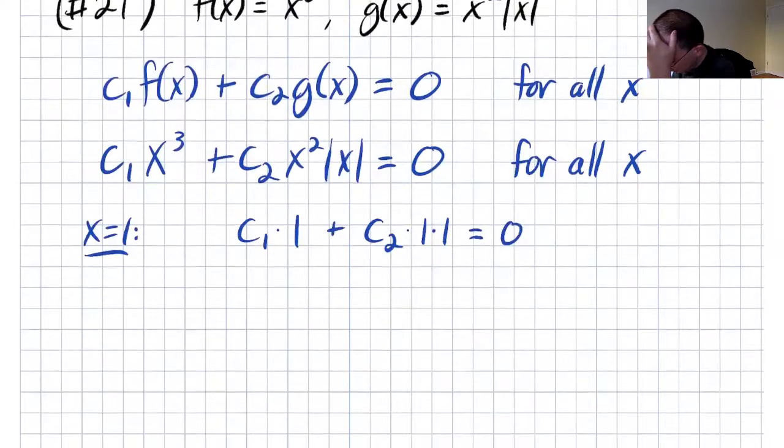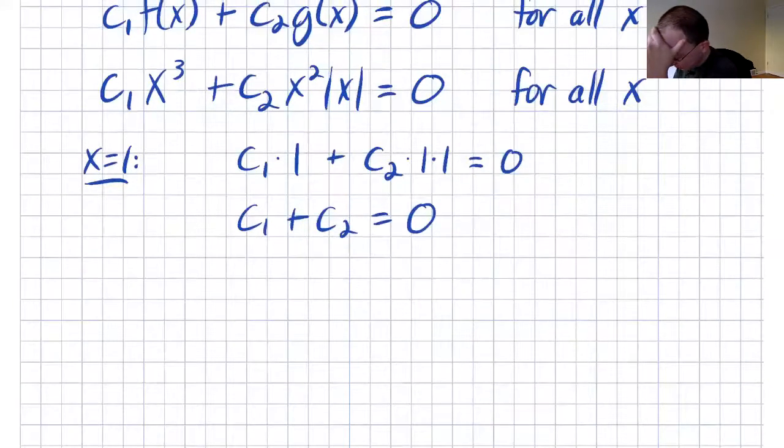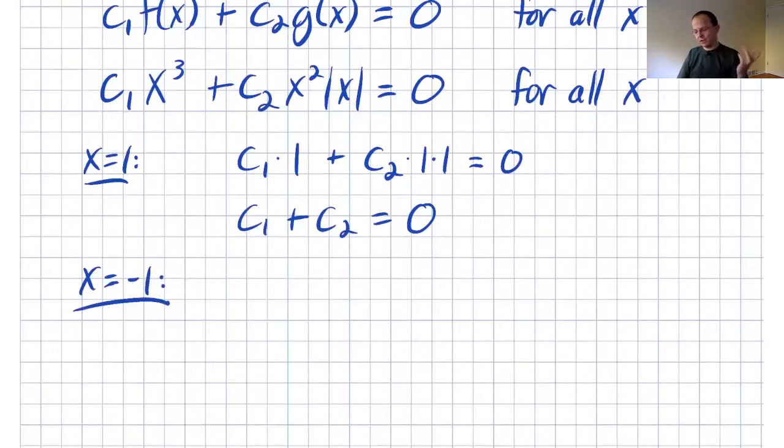So that means we need C1 plus C2 equal to 0. That was rather successful. Another obvious thing to try is 2 or something, but I think we'll end up getting the same thing. Let me put a box around this because that is important.